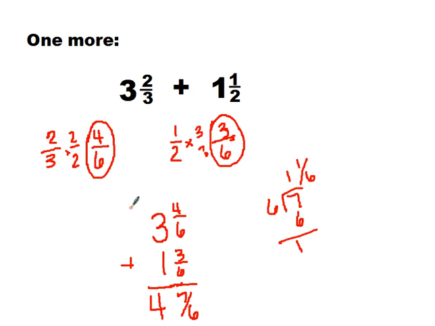So what we really have is 4 plus 1 and 1/6. And that, of course, is going to give us 5 1/6 as a final answer.